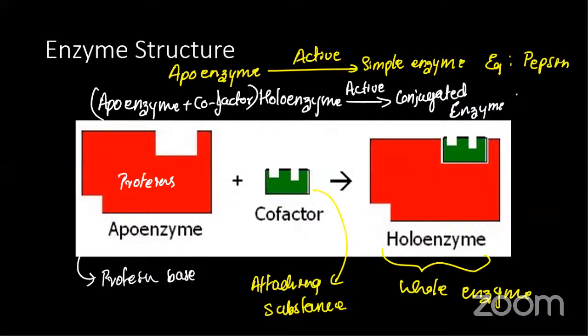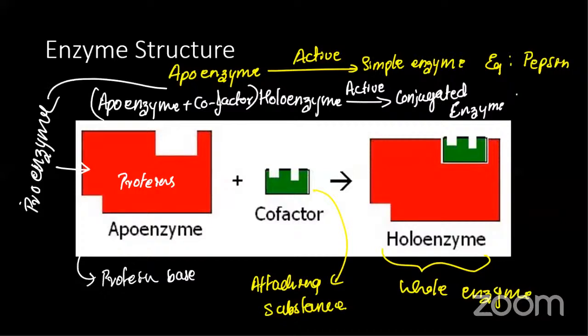Pepsin may also come here. Remember, before the apoenzyme there is the proenzyme. This proenzyme, within a particular temperature, around 35 degrees Celsius, may directly become a simple enzyme and become active. I will write that down here.